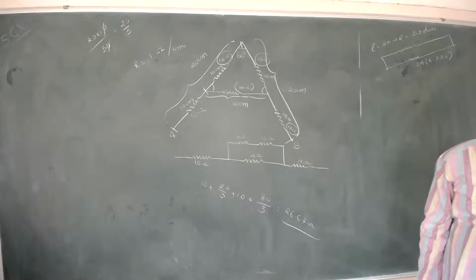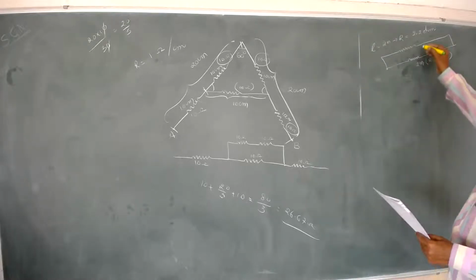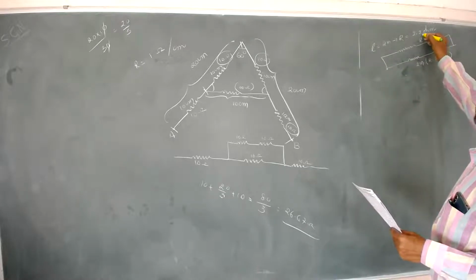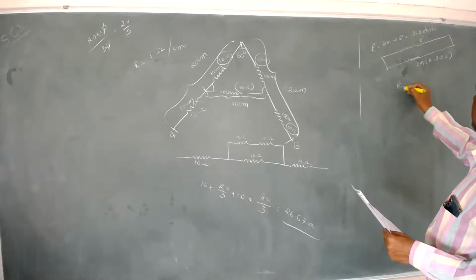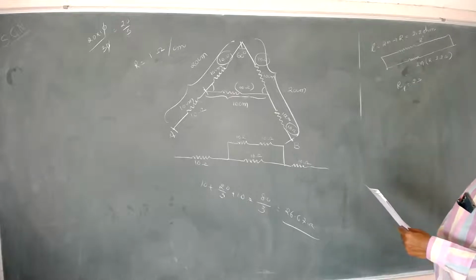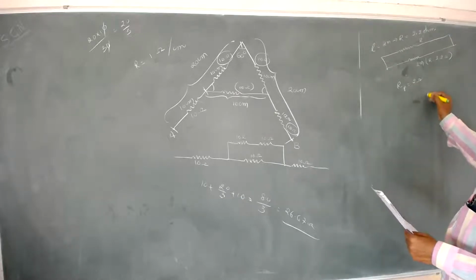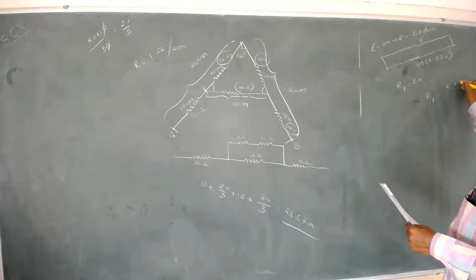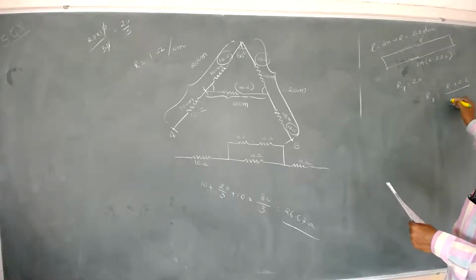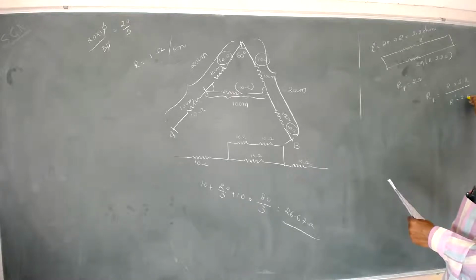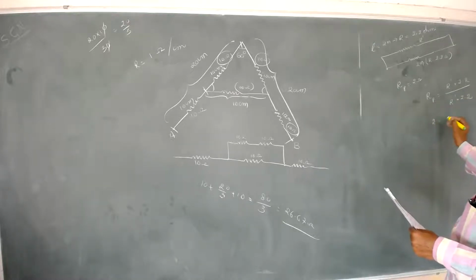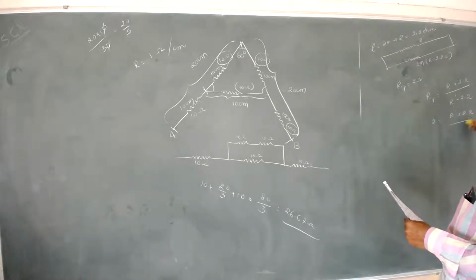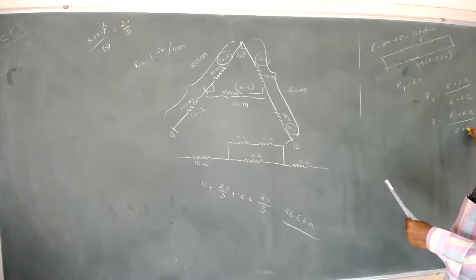Take its resistance as R dash, and the effective resistance RP is equal to 2 ohm. So RP is equal to R dash into 2.2 divided by R dash plus 2.2. So 2 is equal to R dash into 2.2 divided by R dash plus 2.2.